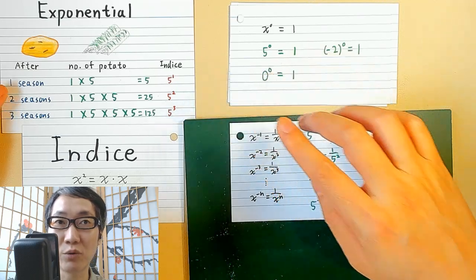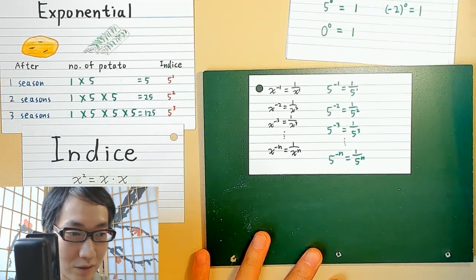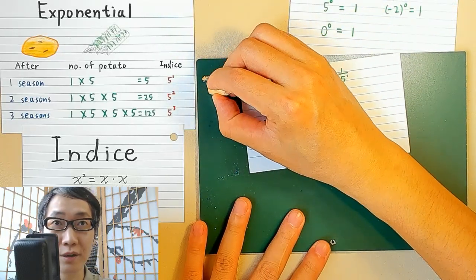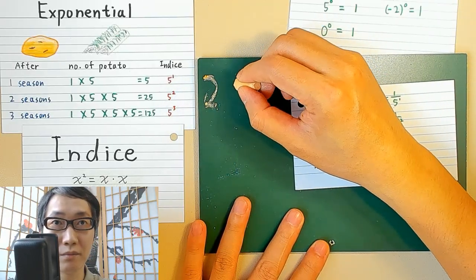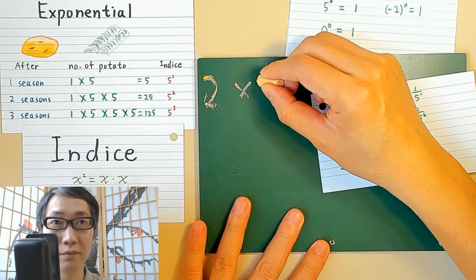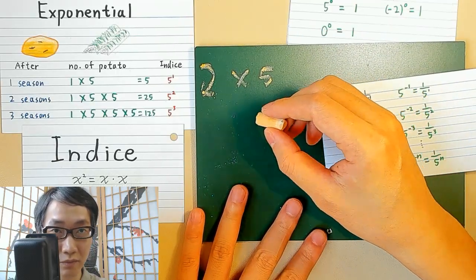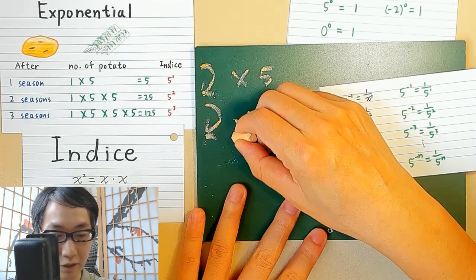Or multiplied by the exponential factor. Okay. So let's say here to here is times 5, and then 2 to 3 also times 5.